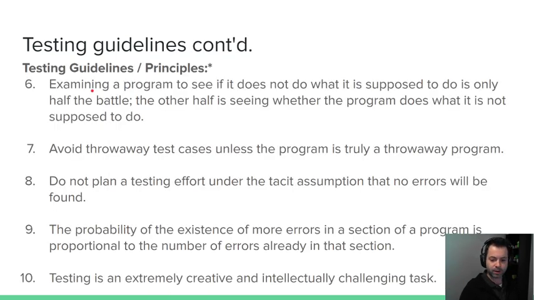All right, some more that we've got here. Number 6 honestly goes with number 5. Basically, try to figure out if you can coerce your program to do things that you didn't design it to do. Super easy example of this is if you're writing a 3D video game or even a 2D one.